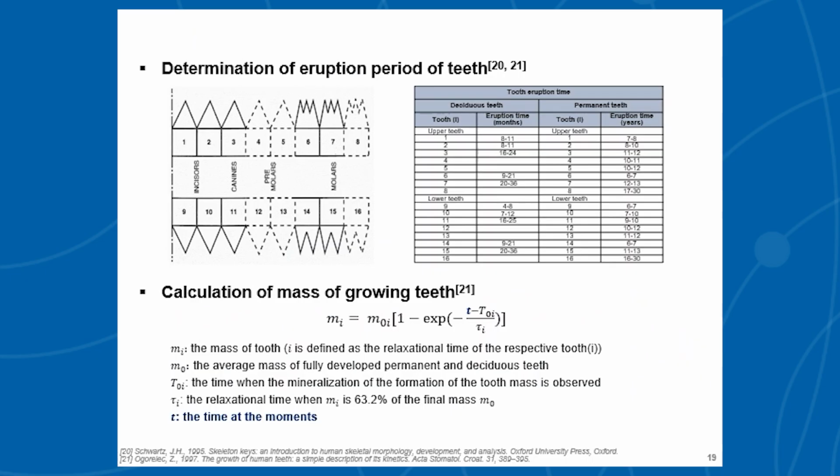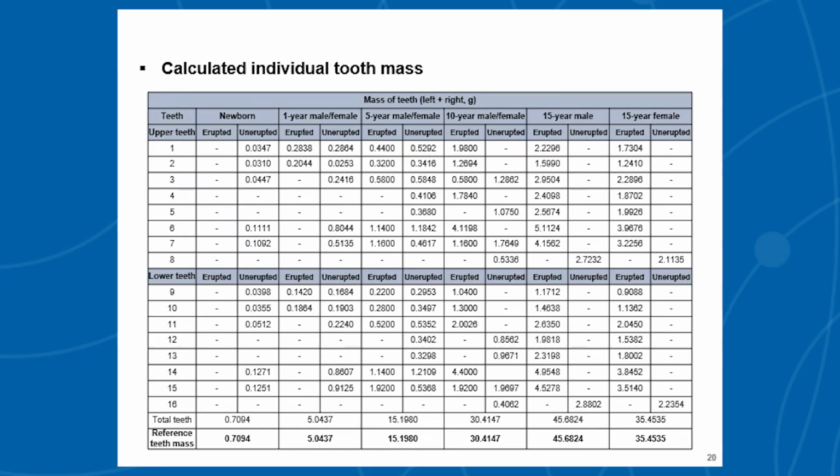For this, we first reviewed various literature sources to find out which teeth had erupted and which remained unerupted at each age. After that, using the equation shown below, we calculated the mass of each tooth. This table shows the age-specific erupted and unerupted teeth, along with their mass information determined through this process.